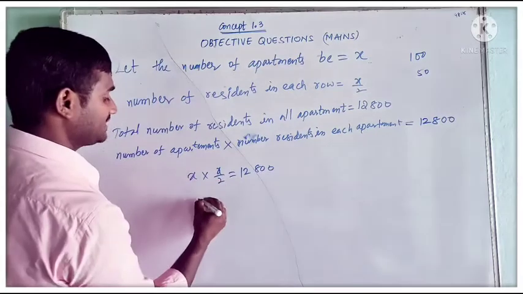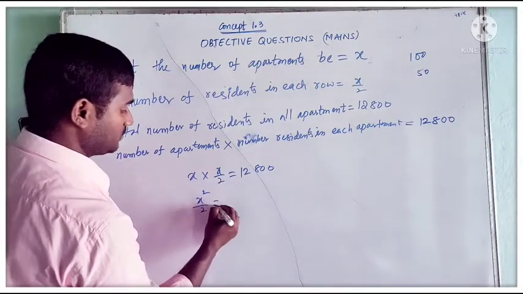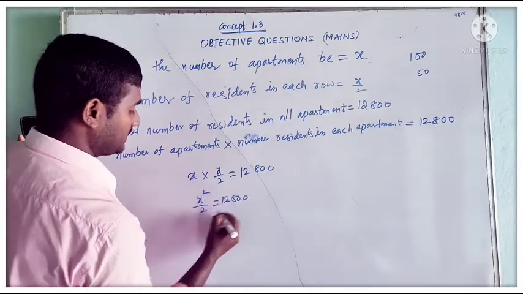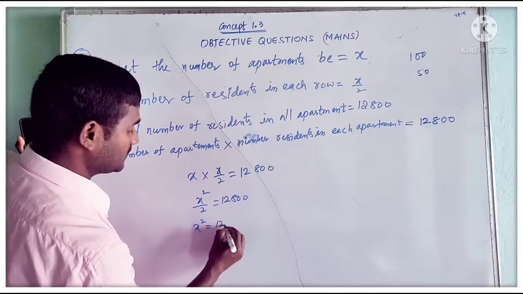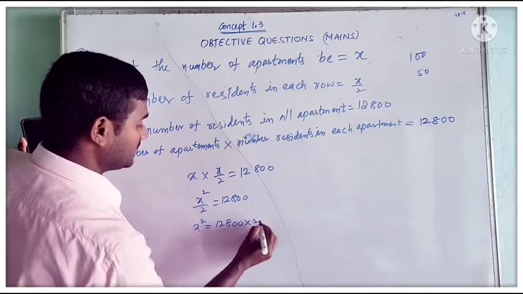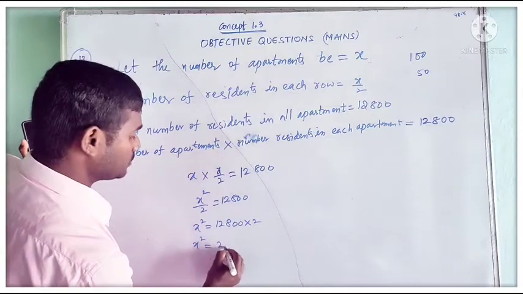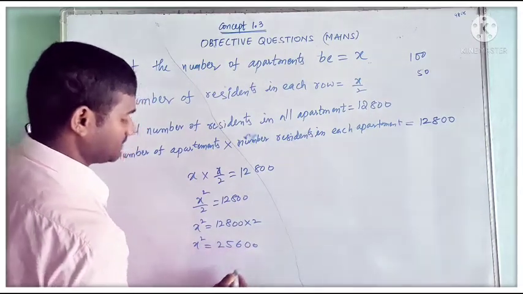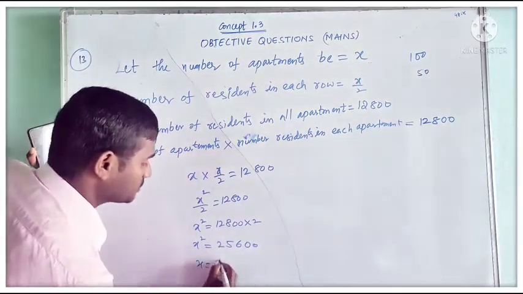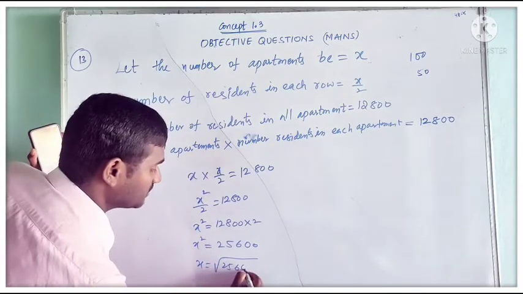So x into x by 2 equals 12,800. So x square by 2 equals 12,800. So x square equals 12,800 into 2, that is 25,600. So x is equal to the square root of 25,600.